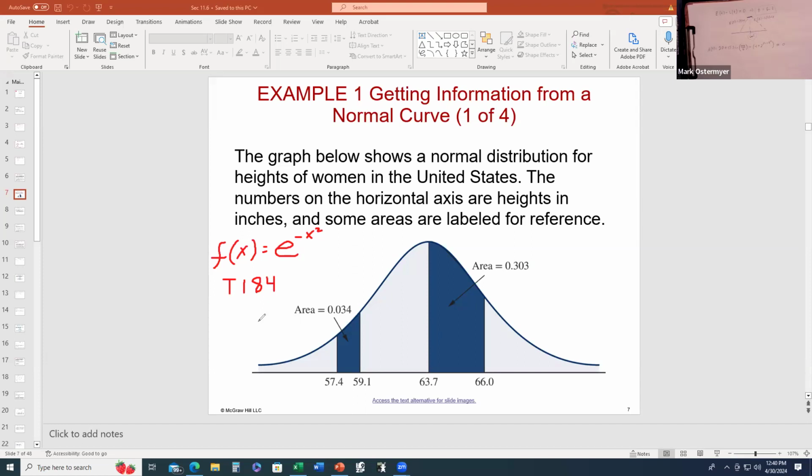I did attach two calculator links on our Canvas course site, a normal calculator, which will enable us to compute areas underneath this curve, and an inverse norm calculator, which will enable us to find values on the horizontal axis called percentile values.